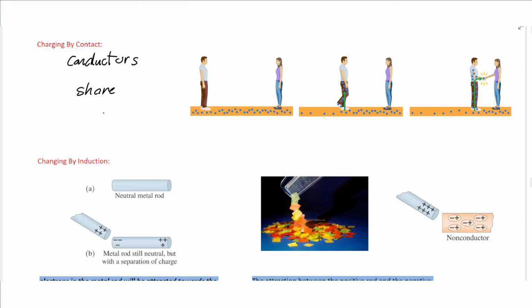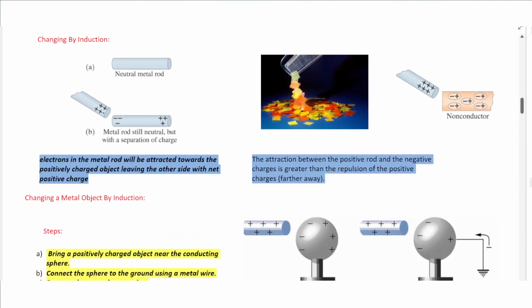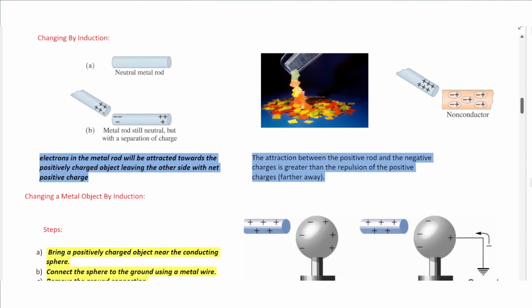The last type of charging is charging by induction. You can first separate the charge inside a good conductor, not an insulator. So contact charging is with conductors. Induction charging is using also conductors. You can separate the charge by bringing a charged object near a conductor. If you place a positively charged object near a conductor, the free electrons will move towards it.